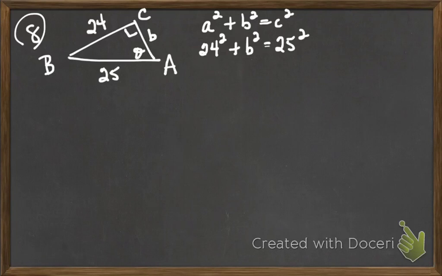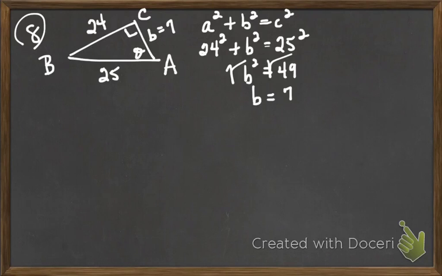You're going to have to move the 24 squared over to the right-hand side, so just do 25 squared minus 24 squared in your calculator. That gives you what number? I got 49. Take the square root of both sides, either in your head or on your paper, and B has to be positive 7. Everybody get how I got 7?